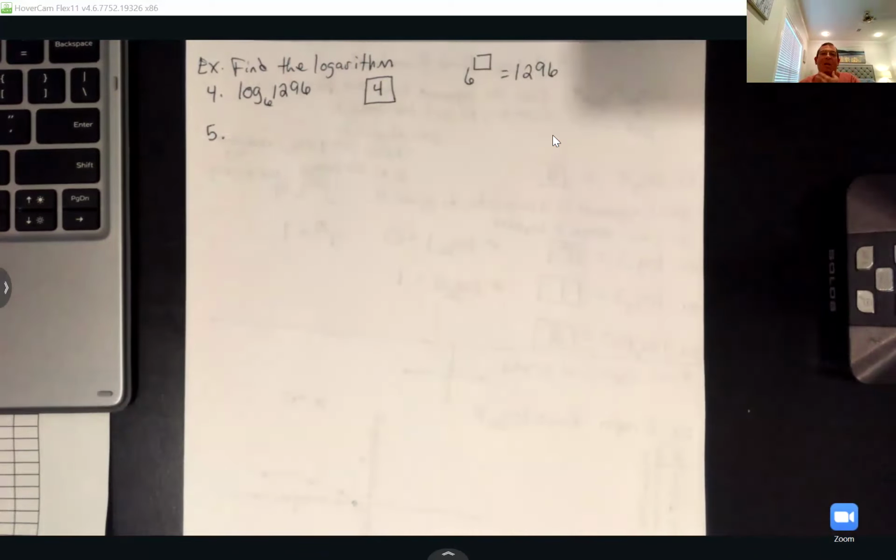Log base 3 of 1 over 27. And y'all, you can still punch that in on the calculator. Now, this fraction. -3. Oh, what'd you just say? -3. So if you got fractions, the exponents will be negative, okay?